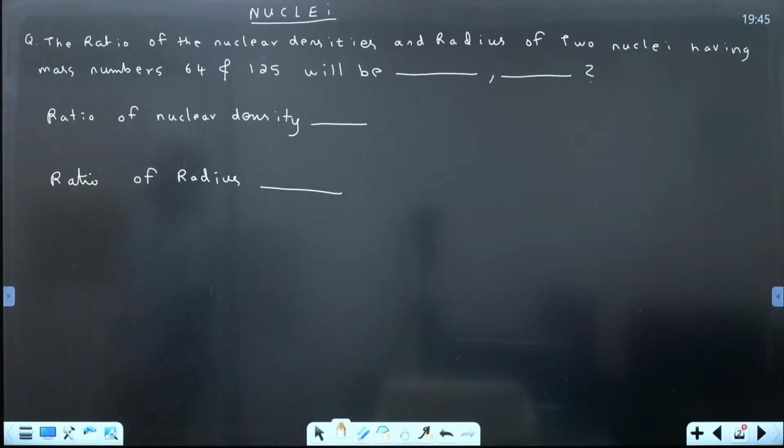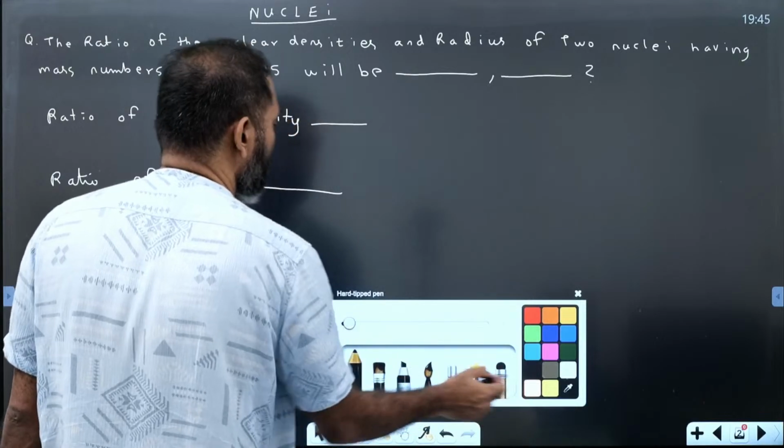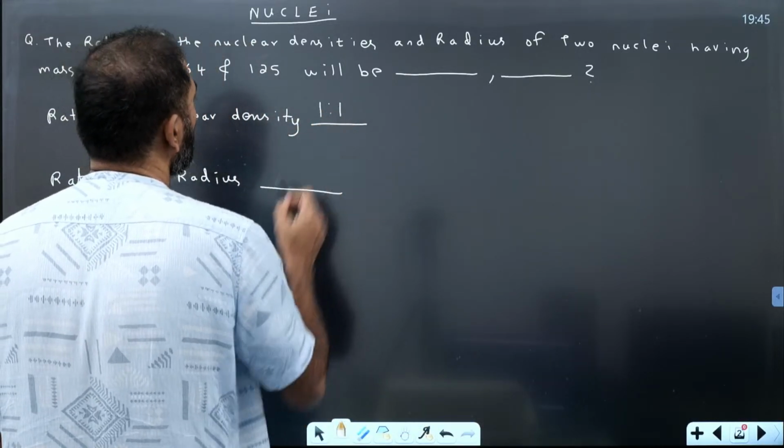Nuclear density is what? It is a constant. It is independent of mass number and atomic number. So nuclear density is 1:1.